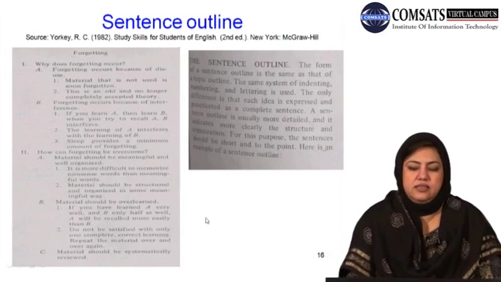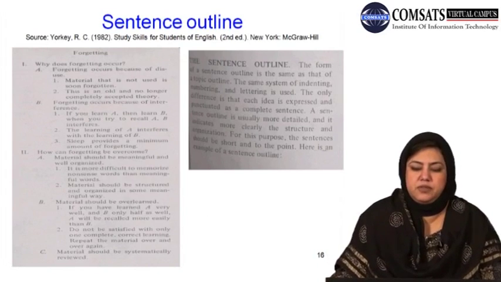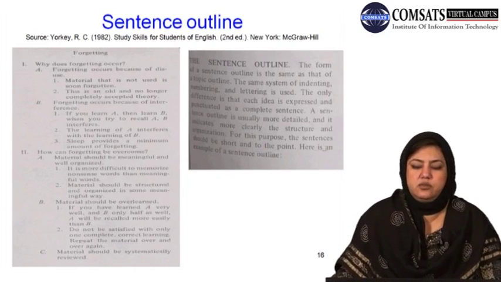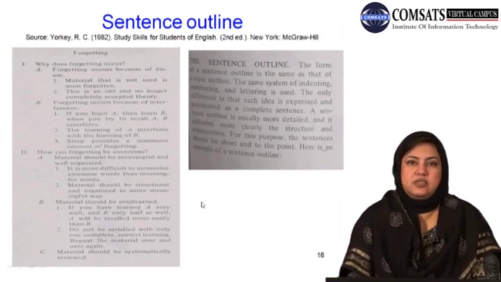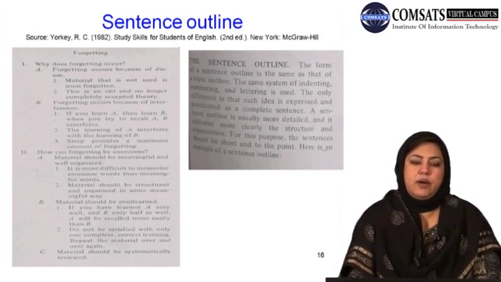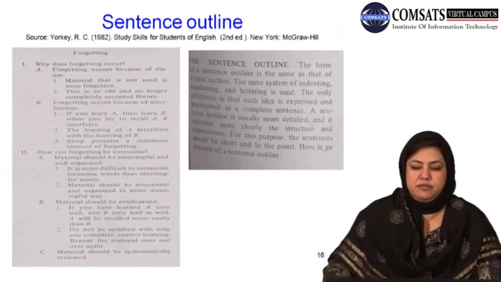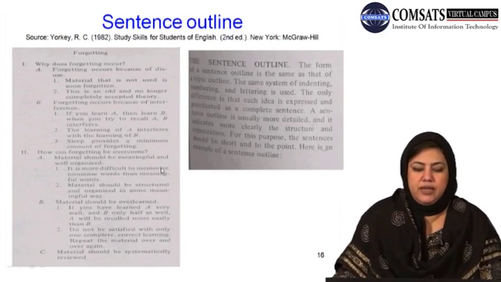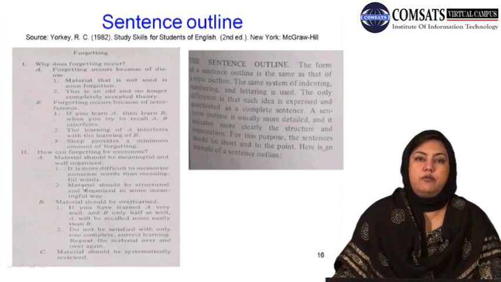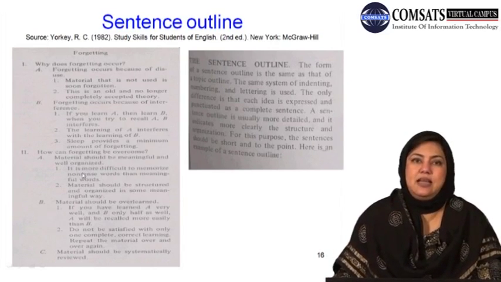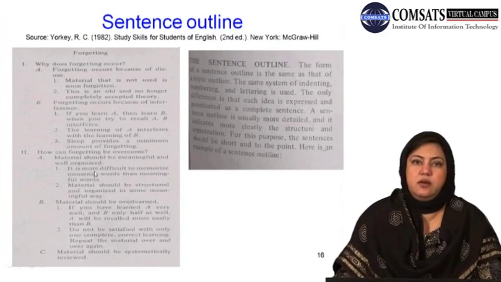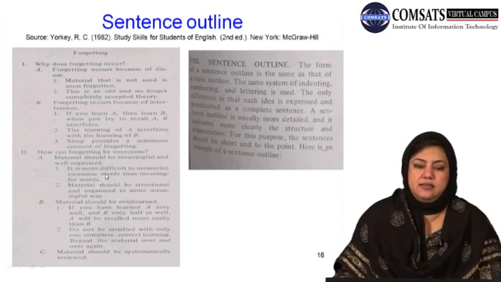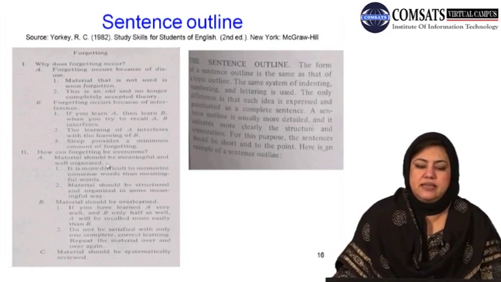So again you can see that the purpose of this kind of outline is to provide you clear-cut directions in writing. However, one more thing that I would like to share with reference to this kind of outline is, do not go for very complicated, lengthy sentences with multiple phrases or multiple clauses. Go for simple sentences.